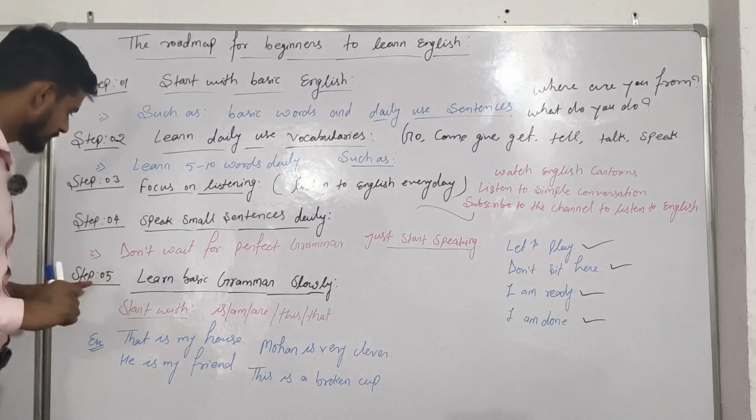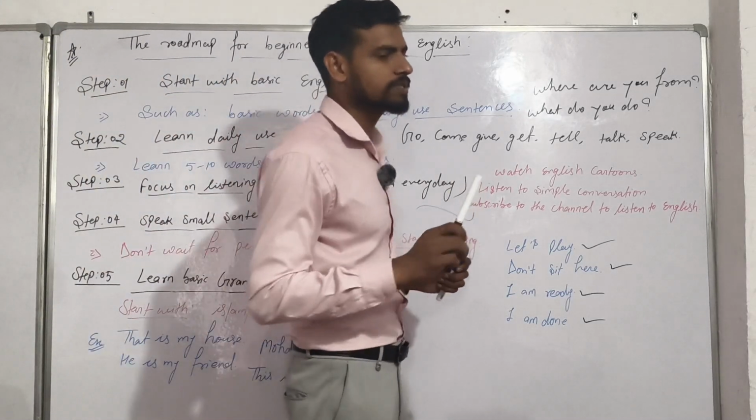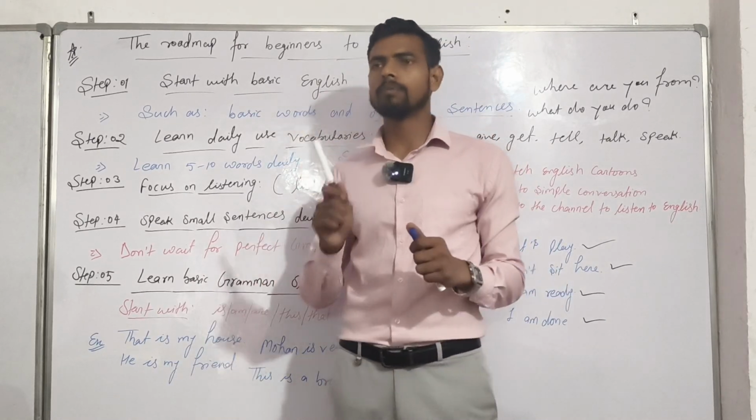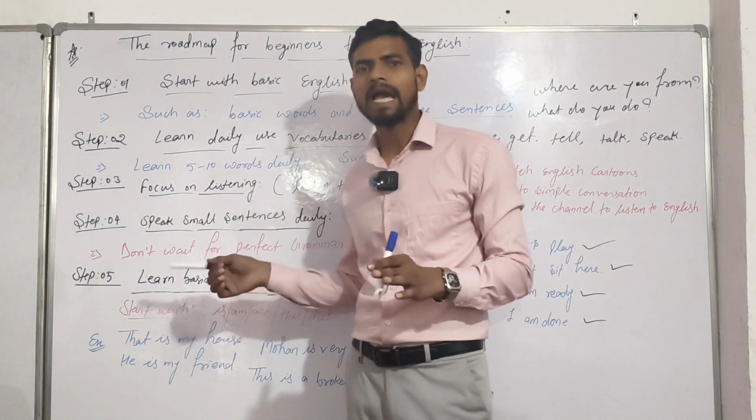Step number 5, learn basic grammar slowly. Basic grammar you should start, I think, from is, am, are, from was, were, from this, that. These are the basic helping verbs.